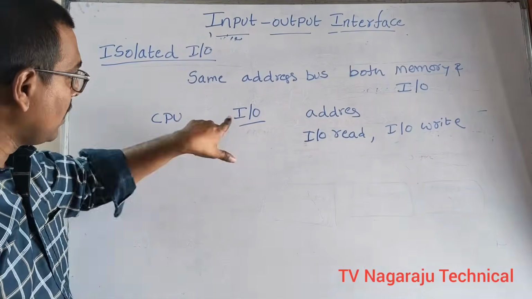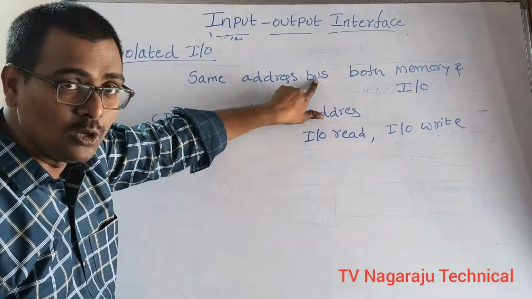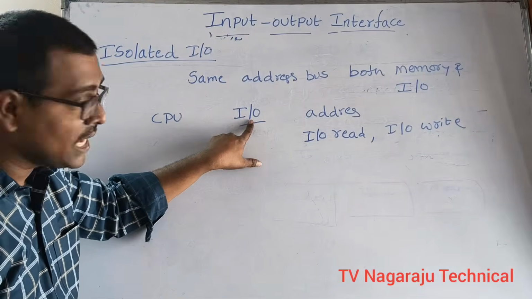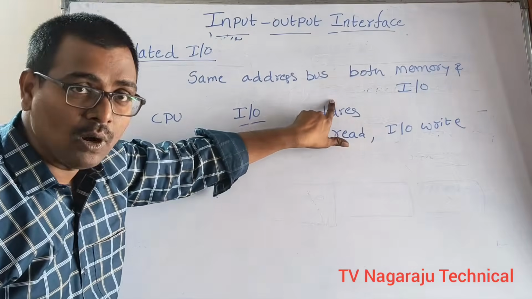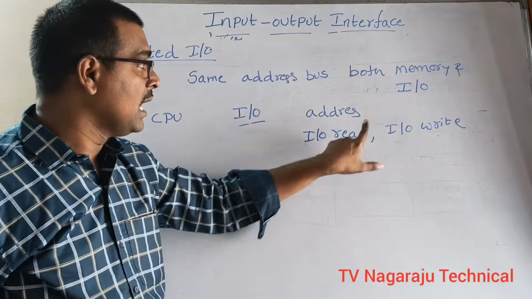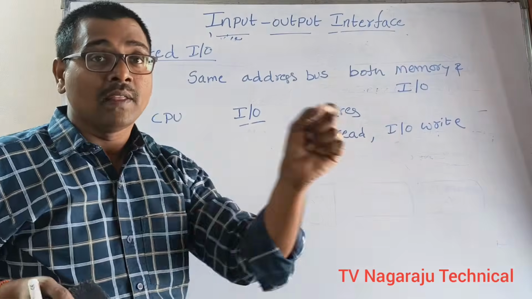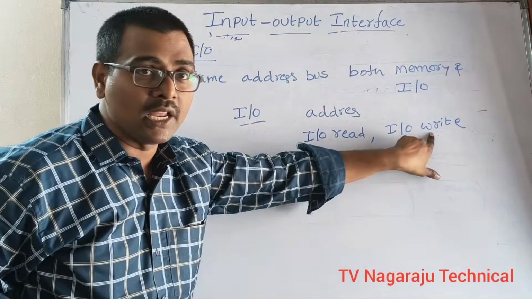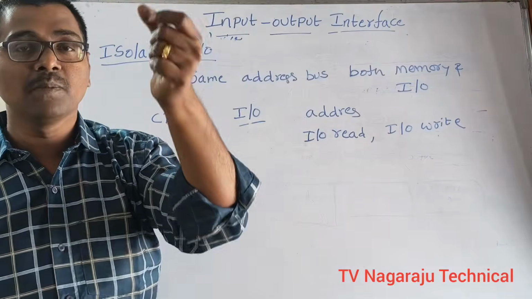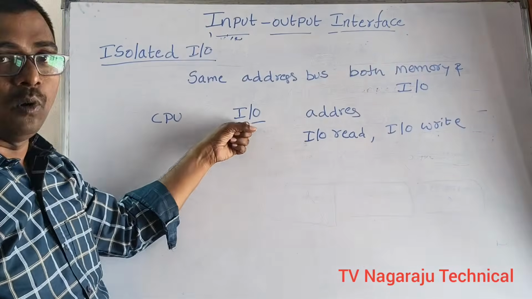So the same address bus is used, but if the instruction is an IO instruction, the CPU places the address of the IO and enables IO read and IO write. Then the external components understand, based on these two lines, that the address placed on the address bus is for IO.